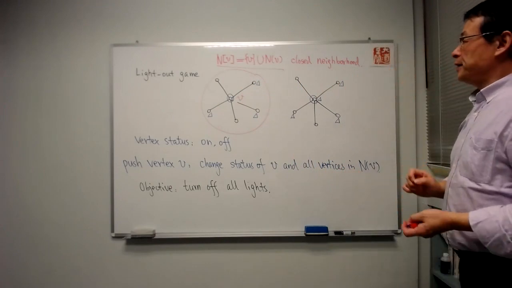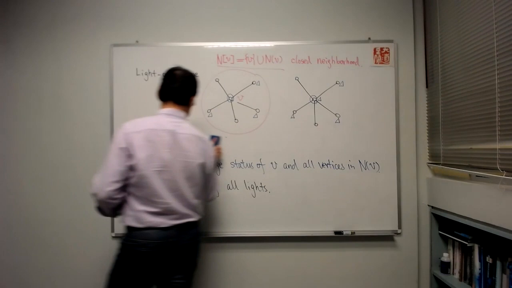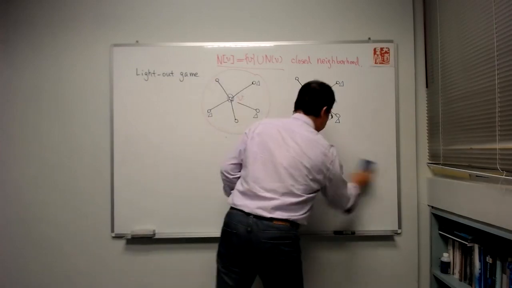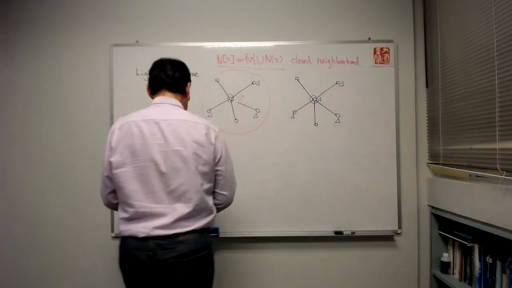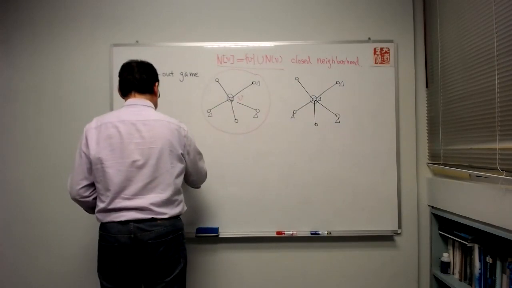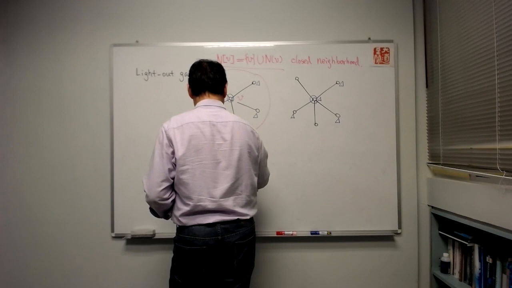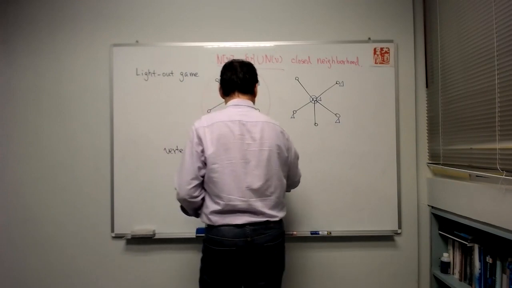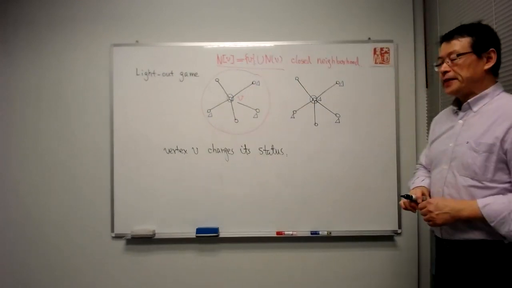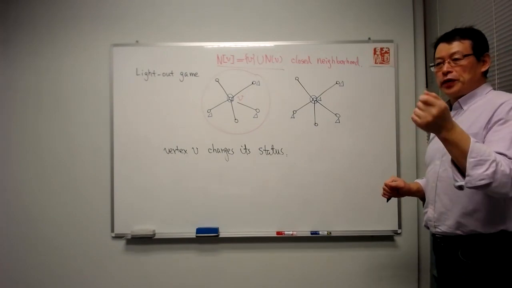So let's see. When will the status of vertex V change? Now, if we push a vertex twice, then the status will come back.